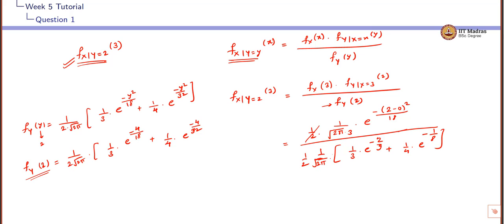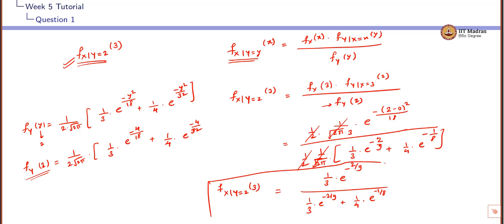Okay, so this term will get cancelled here, so we'll be left with in the numerator 1 by 3 e to the power minus 4 by 18, which is nothing but 2 by 9, divided by 1 by 3 e to the power minus 2 by 9 plus 1 by 4 e to the power minus 1 by 8. So this is the value for fx given y equals to 2 of 3. So this should be the answer.